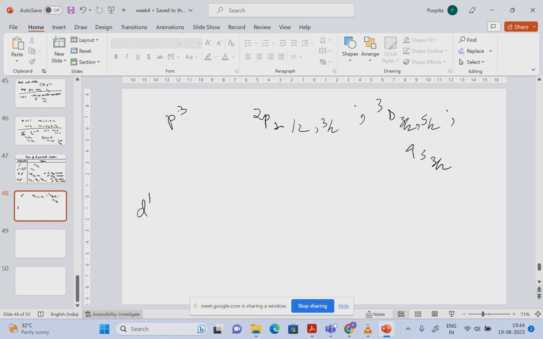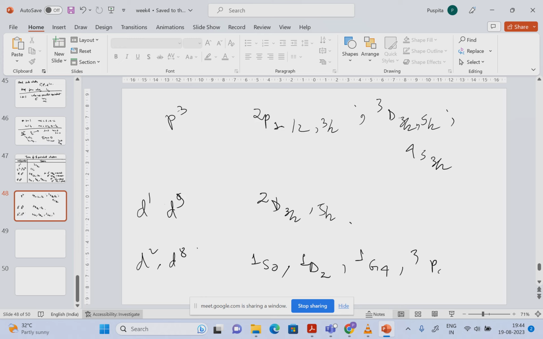For d1 or d9, 2D 3/2, 5/2. For d2, the configuration is like this: 1S0, 1D2, 1G4, 3P0, 1, 2, 3F2, 3, 4. They are like this.